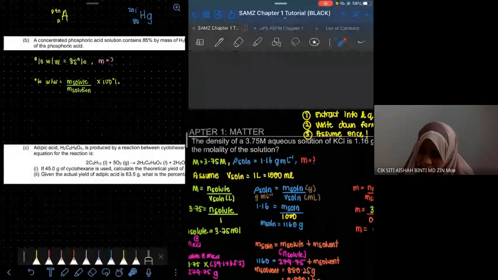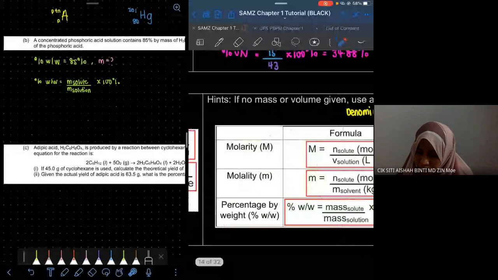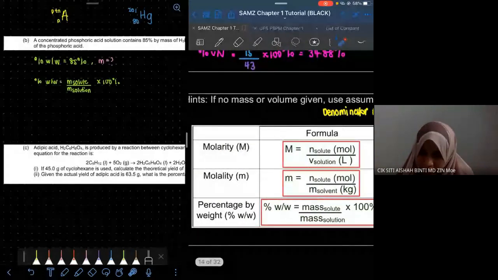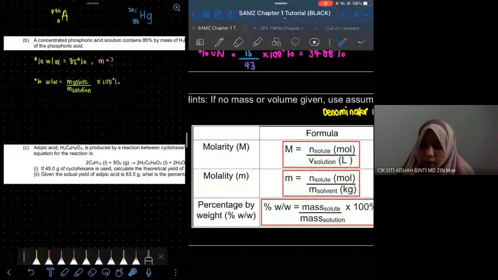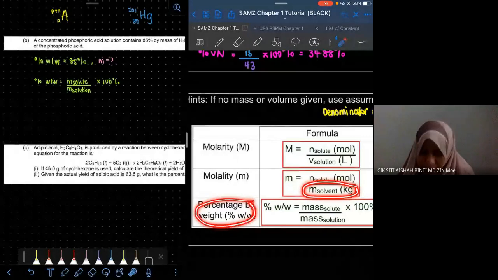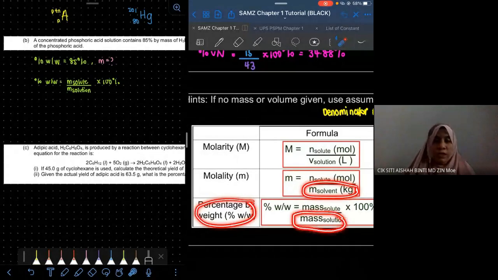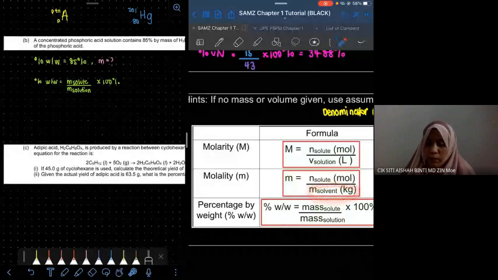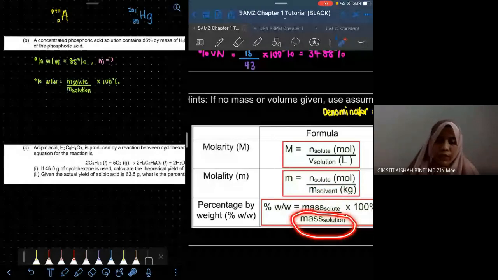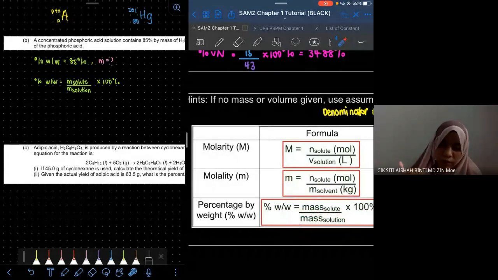For molarity, we assume the volume of solution is 1 liter, equivalent to 1000 ml. For molality, the mass of solvent is 1000 gram or 1 kilogram. For percentage by weight or percentage by mass, the mass of solution is assumed to be 100 gram. Don't confuse this with the mass of solvent, which is 1000 gram or 1 kilogram. For mass of solution, it must be 100 gram. If you are a bit unsure, it has been a long time, so look back.